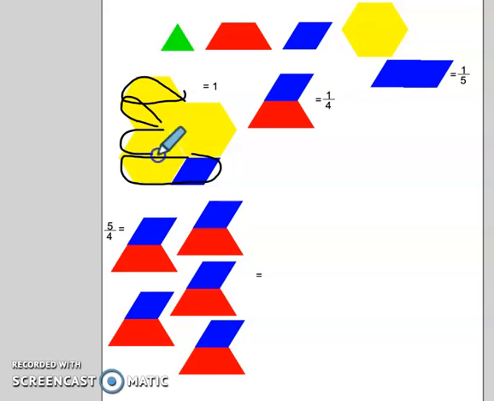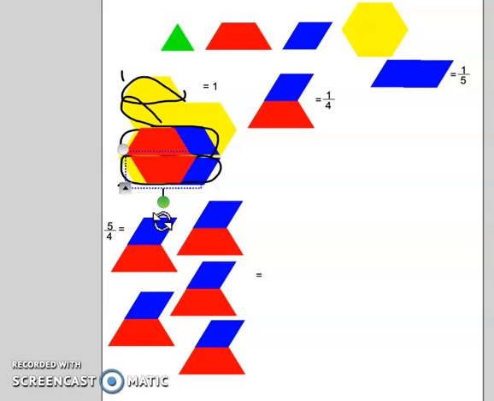Here would be another, so this is 1, 2, another trapezoid, and then again we can picture it, and maybe picturing it is tough, we can actually put it on top. Trapezoid and a rhombus.